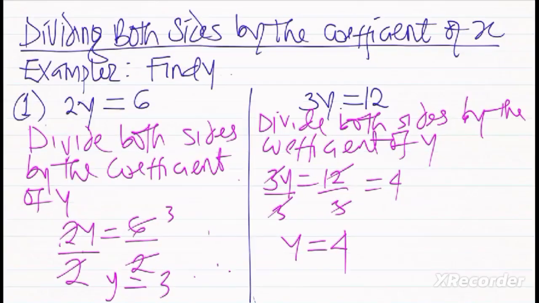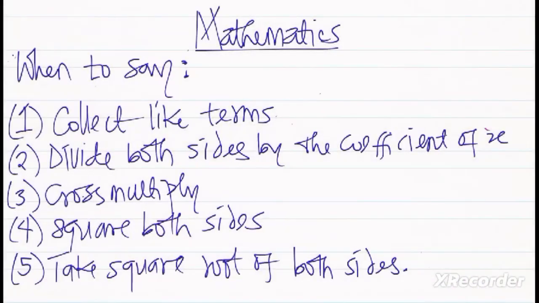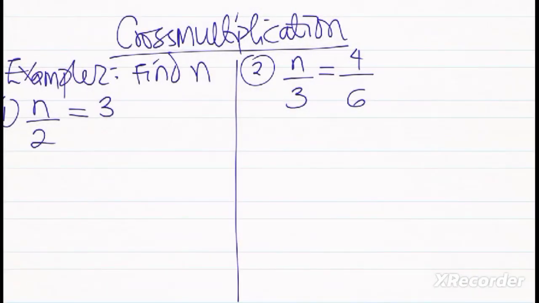Okay, now let us consider the next one, which is when to cross multiply, or how to cross multiply. If we look at this first example, in order for us to know when to cross multiply, you will see that we define the alphabet, which is n in this case, and it is in the form of a fraction.